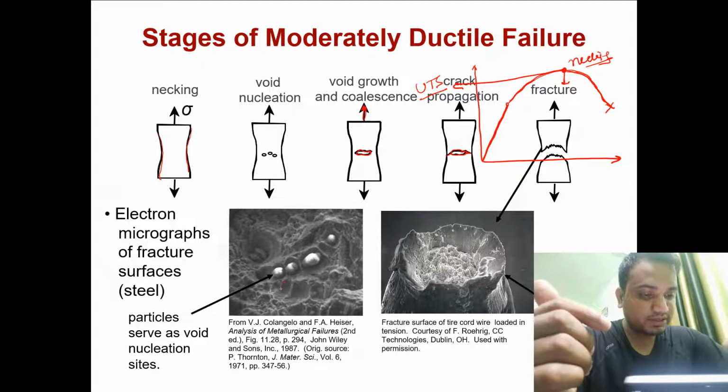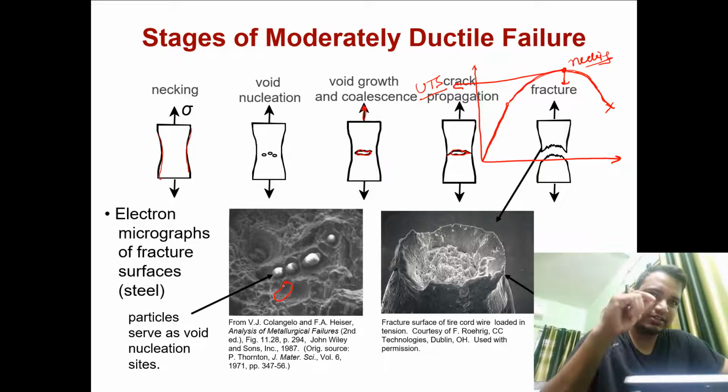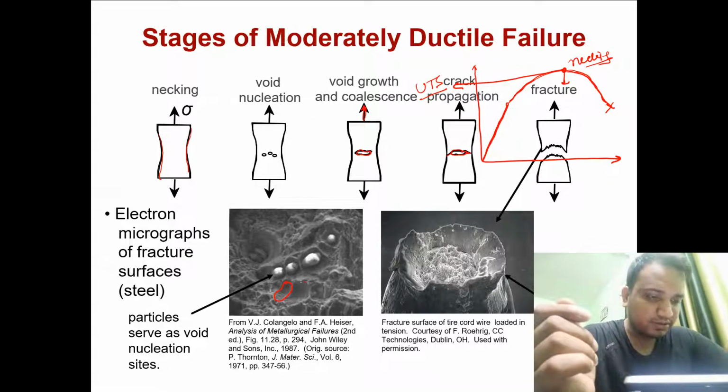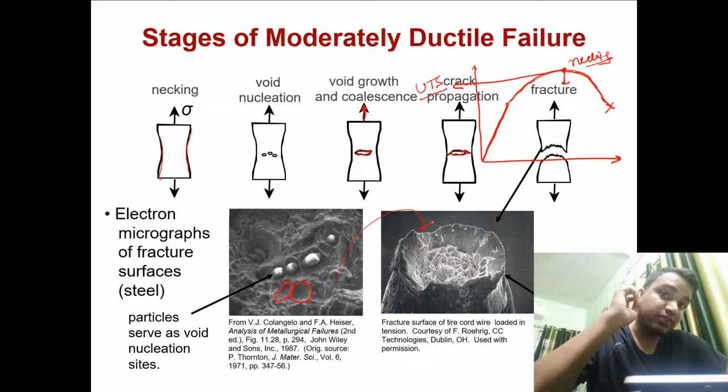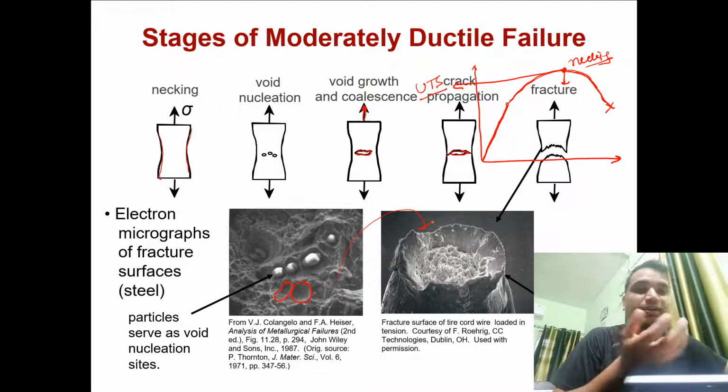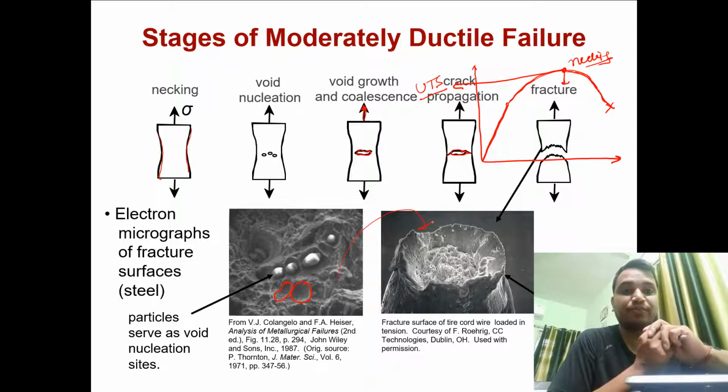You see this feature, something like a round pit. This is the cup. And if you see the other part, because if in one sample it is cup, then in the other broken part it must be the cone, because then only it will fit, right?